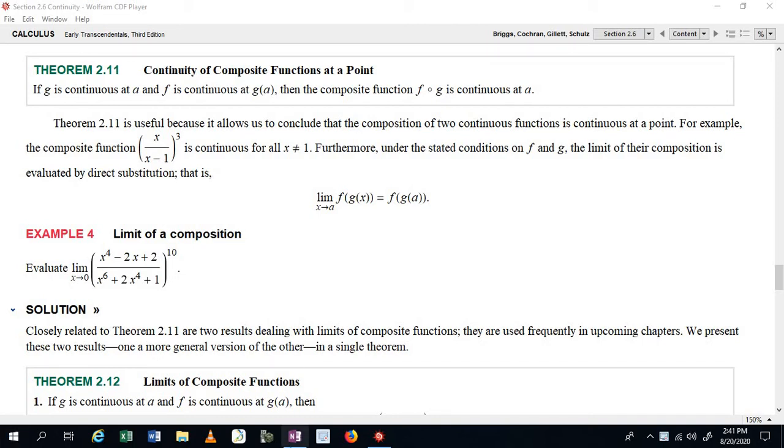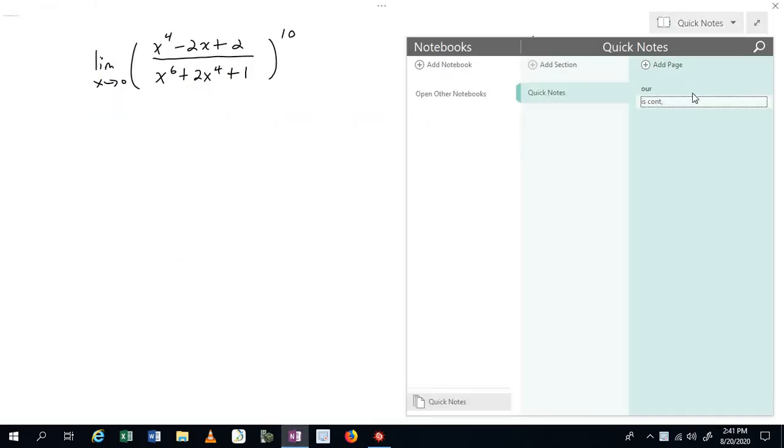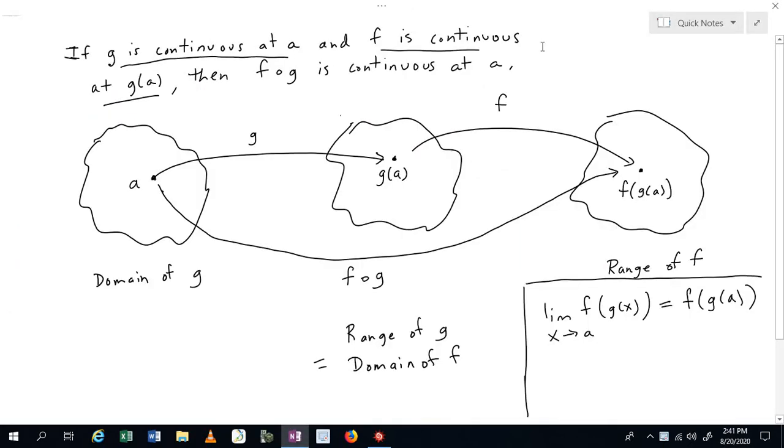Okay, so I'm going to look at a diagram to try to explain this theorem. In this theorem we have two functions that we need to look at, right? We have f and g. Let's say this is the domain of g and a is some element in that domain of g.